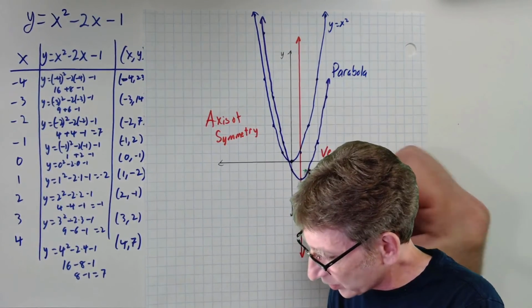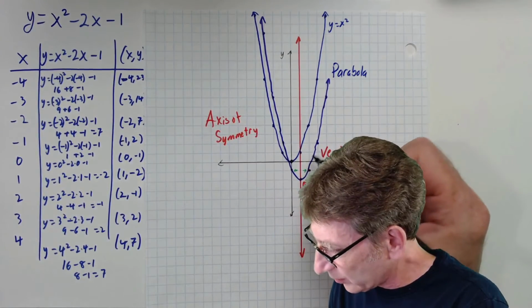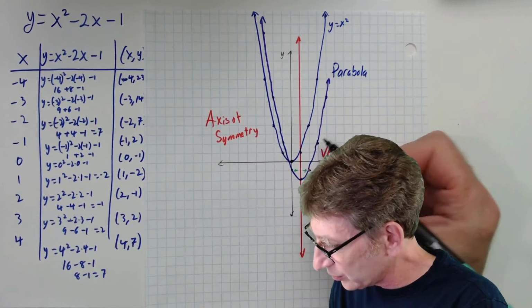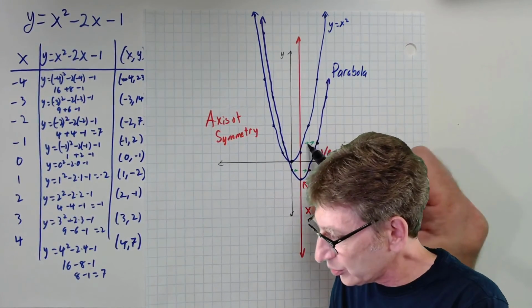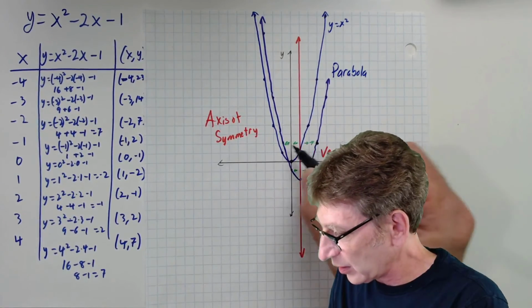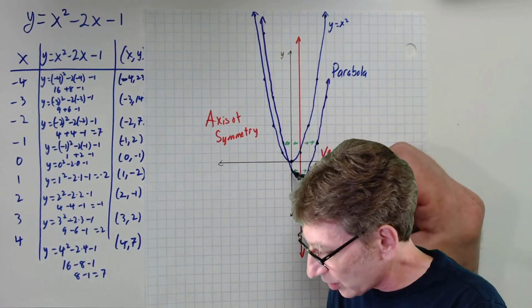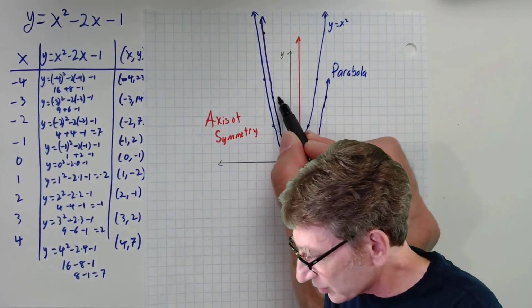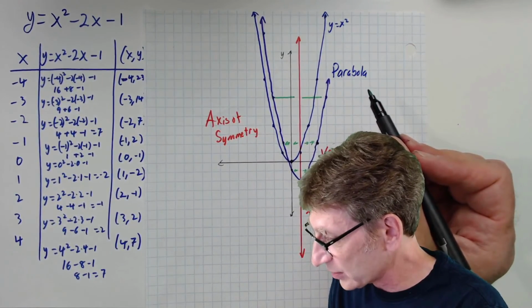This point is 1 unit that way, and that one is 1 unit that way. So if I go up here and I see 2, 2, if I knew that ordered pair, and I knew it were 2 units to the right, I could then plunk down a point 2 units to the left of the axis of symmetry. So all of these ordered pairs are the same distance away from the axis of symmetry.